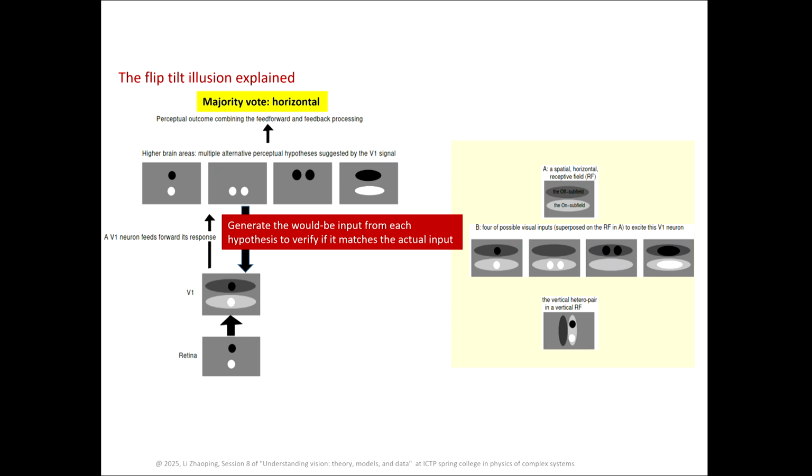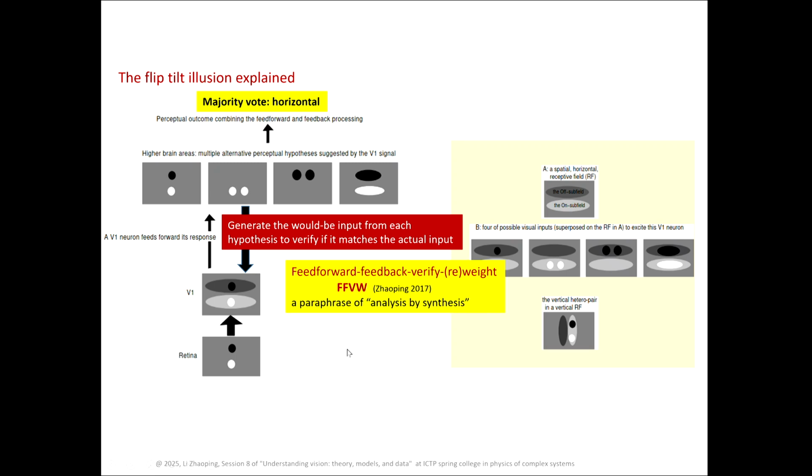If higher visual areas could compare each possible retinal input with the actual input in V1 to verify which perceptual hypothesis is actually correct, the perception would be unambiguous. This feedback query for more information is achieved by generating a would-be input for each perceptual hypothesis and comparing it with the actual input in V1.